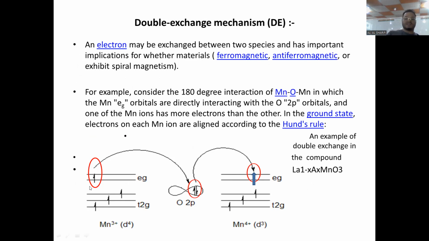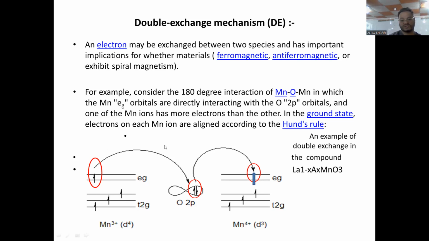It's easier, I think. Consider this 180 degree interaction between manganese, oxygen, manganese, in which manganese at eg, that is at the upper orbital, where we have one electron here and we have empty here, are directly interacting with oxygen at 2p, specifically at this place.